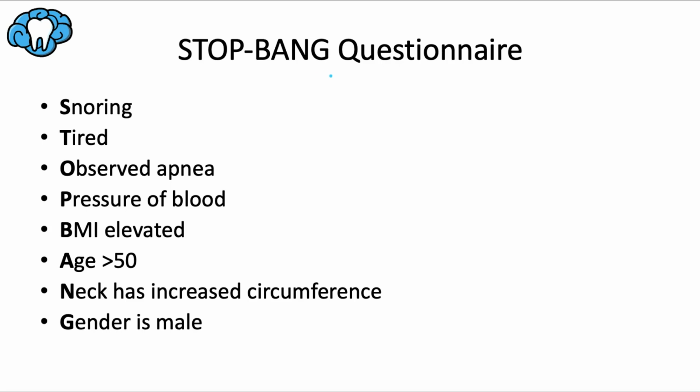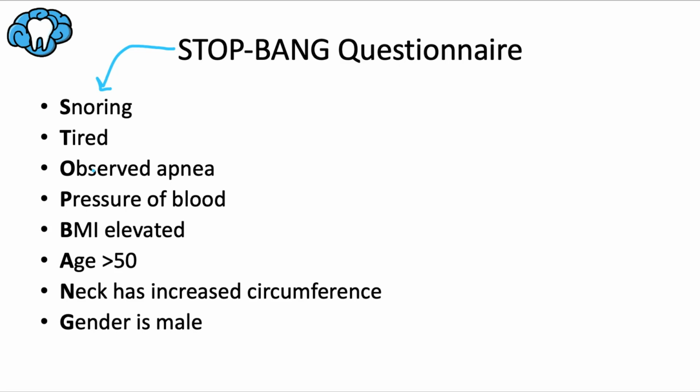The STOP-BANG questionnaire is a really good and easy questionnaire to ask your patients to assess their risk of having or developing obstructive sleep apnea. So STOP-BANG is an acronym for 8 things that are risk factors, as most of these are things we've already talked about, as things that may predict someone having sleep apnea. And these items include snoring, being tired, having observed an actual apnea.